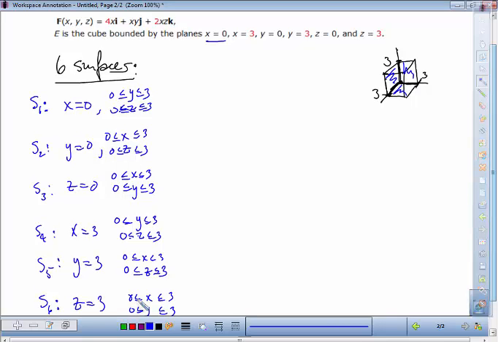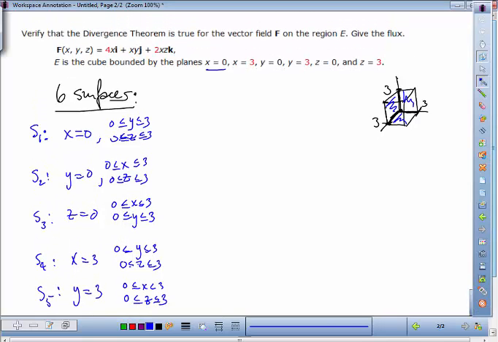Now, as a flux integral, what we're interested in doing is to find this integral over each of these surfaces of f dotted with n dS. So remember the flux integral, a couple of different looks at the flux integral.